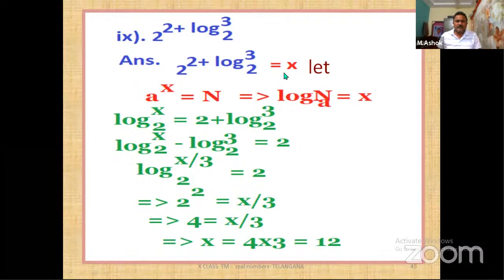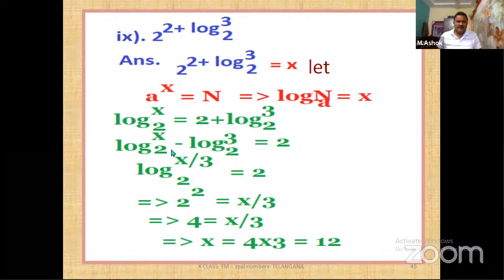Log x base 2 is equal to the entire power: 2 plus log 3 base 2. Now I am bringing log 3 base 2 to the left side. Log x base 2 minus log 3 base 2 is equal to 2.